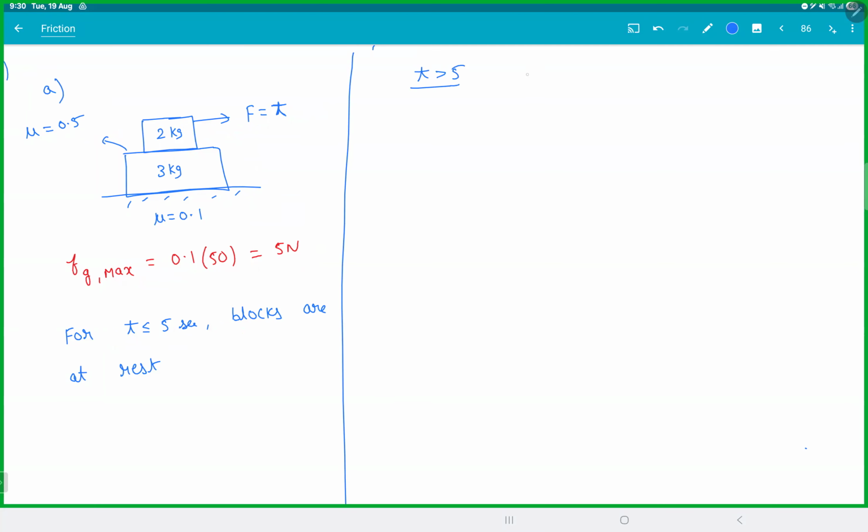For t greater than 5, 3 kg slips. Therefore, F ground max will be 5 newtons. Then assume both go together.